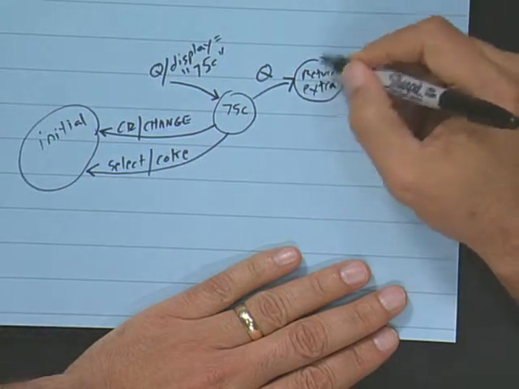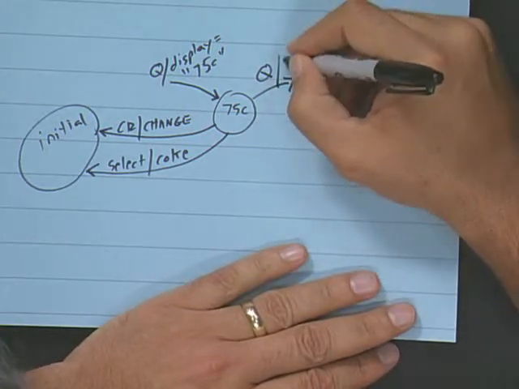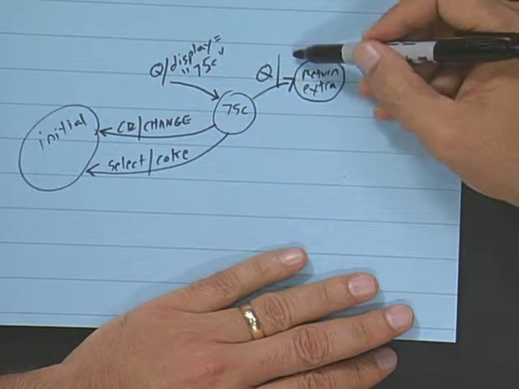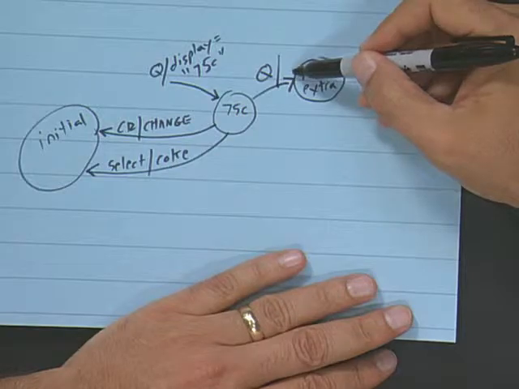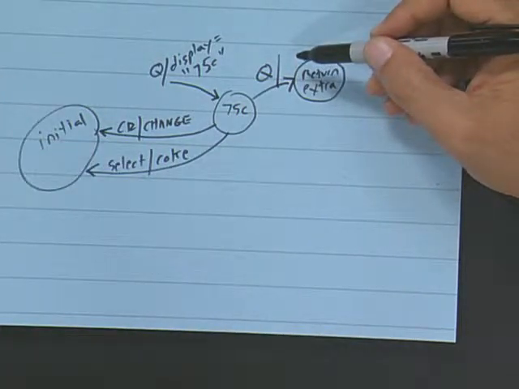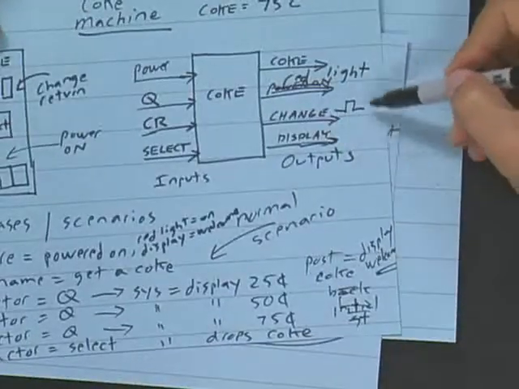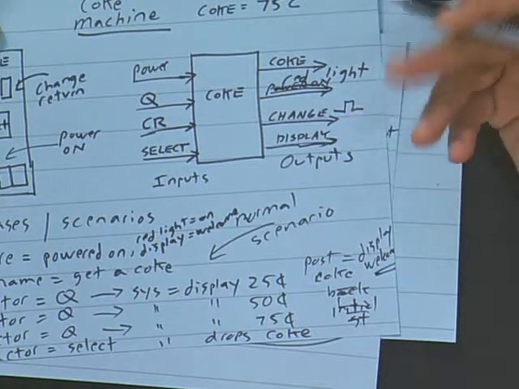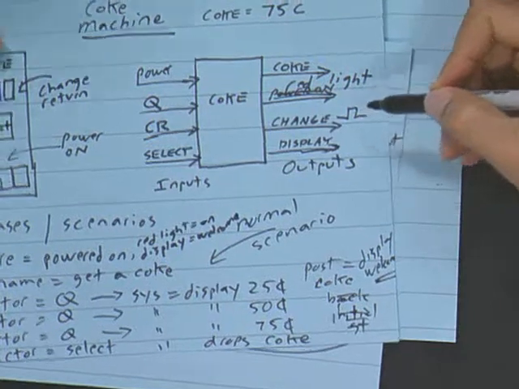So basically in this state, if I have another quarter, I can add more behavior. I can say, rather than just hit change, why can I not use change? Because as we said back here, change is just a signal to drop whatever's in the change tray, in the quarters tray, if you will.